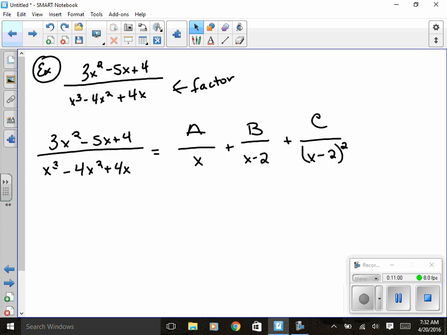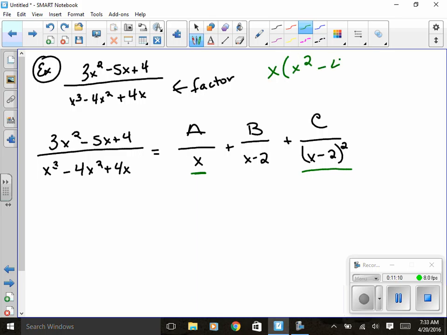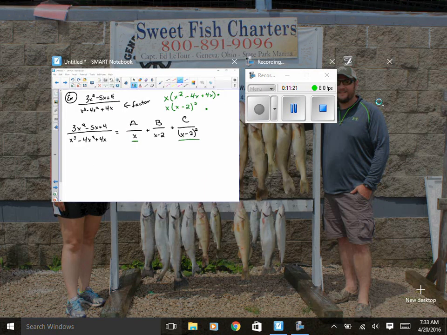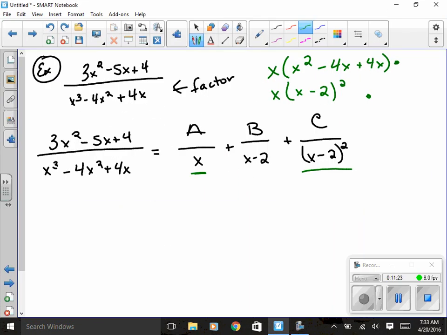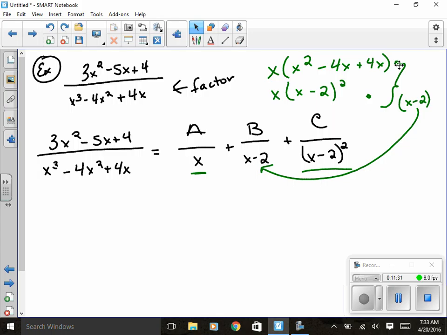Because technically, yes, you can break it down into x and x minus 2, but because you can factor it two different ways here, both of these have a factor of x minus 2, and that's where this one comes from. Okay, I know that it looks kind of confusing because you're like, what happened? We've just factored it out to what it was, and that's why.